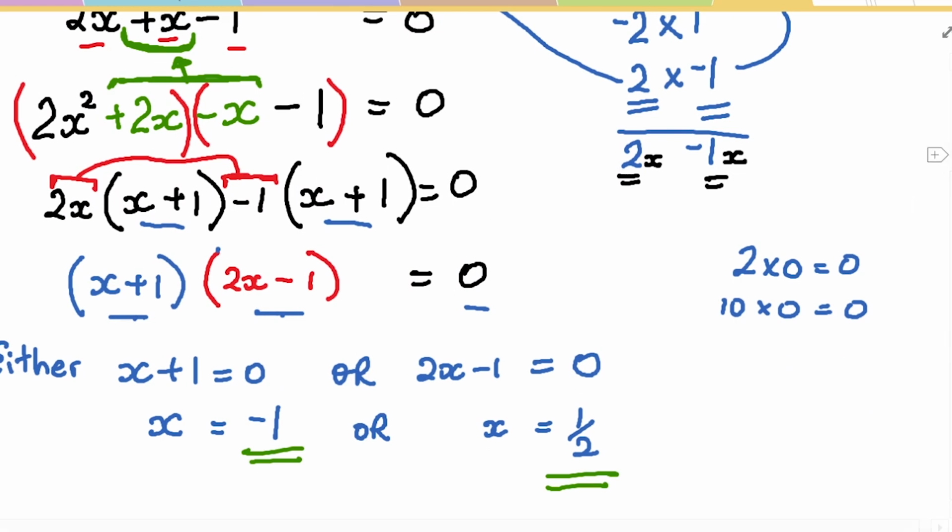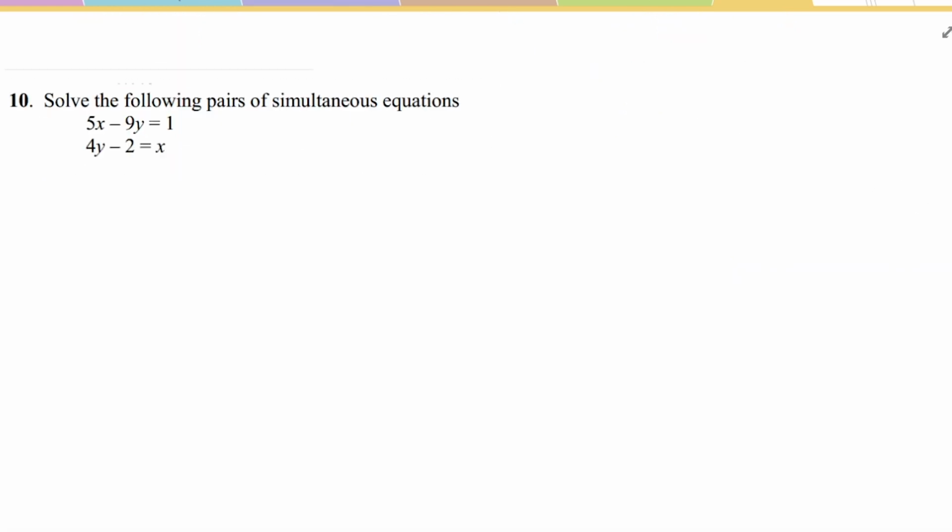So moving on. Again, here they're asking us to solve the following pair of simultaneous equations: 5x minus 9y is equal to 1, and 4y minus 2 is equal to x.